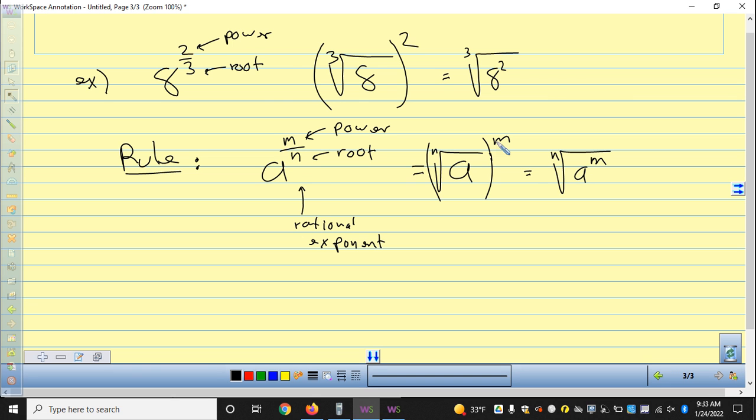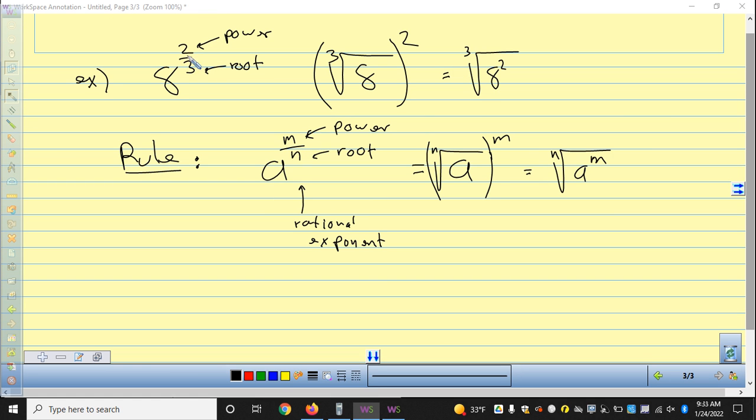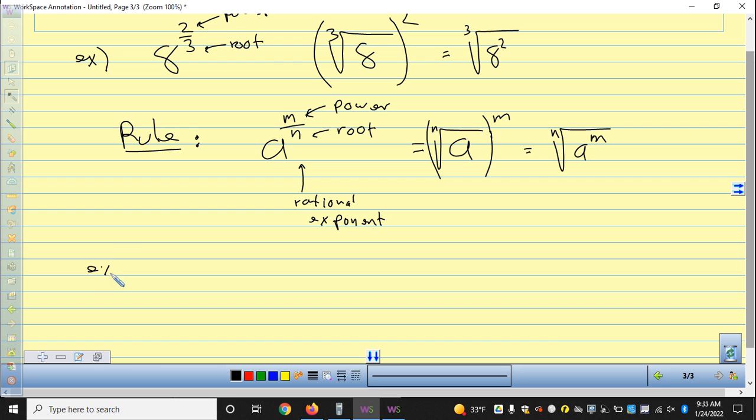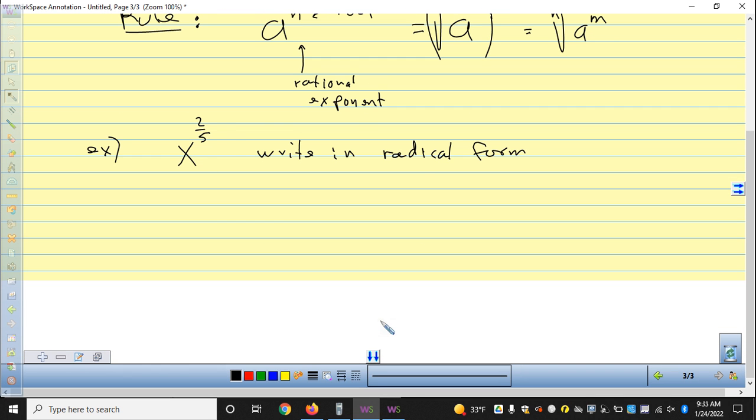Okay, let's look at some examples. And we'll look at doing these rational exponents in our calculator in just a second. So we have x to the 2/5. And the problem might say, write in radical form. So what it's asking us to do is change this exponent to a radical and a power.